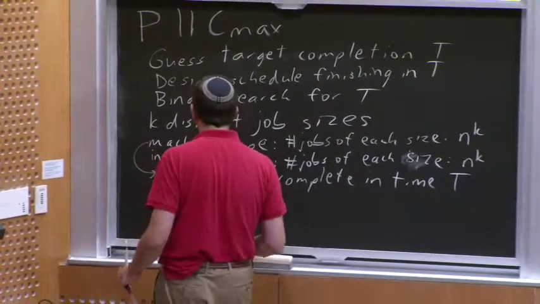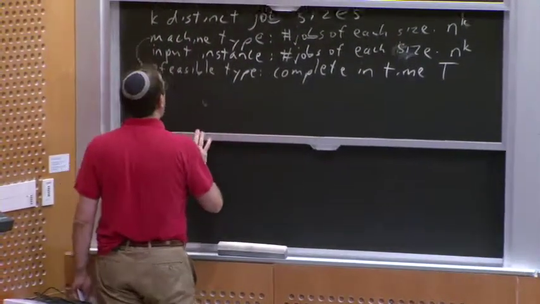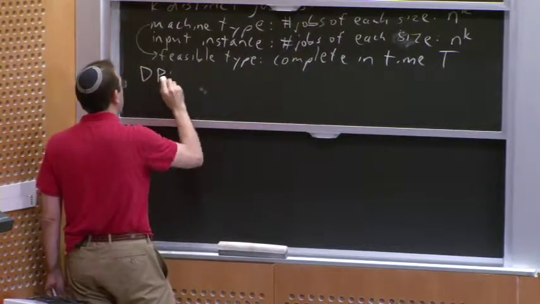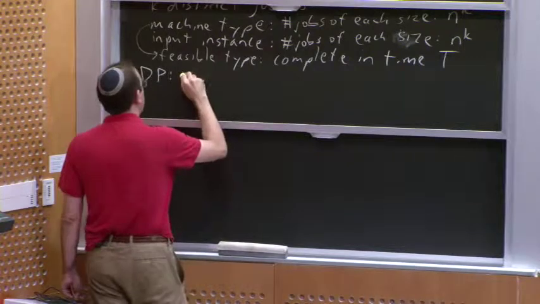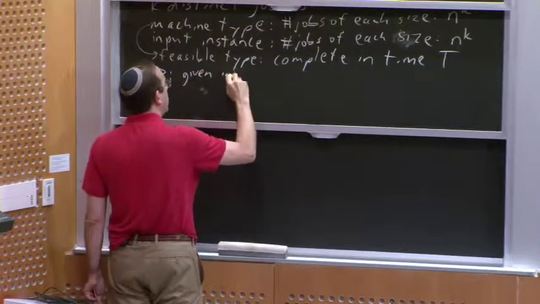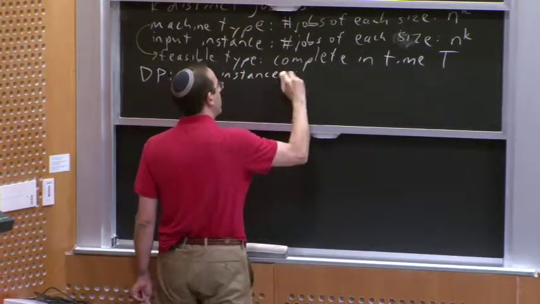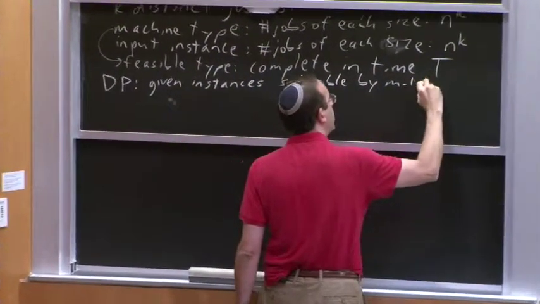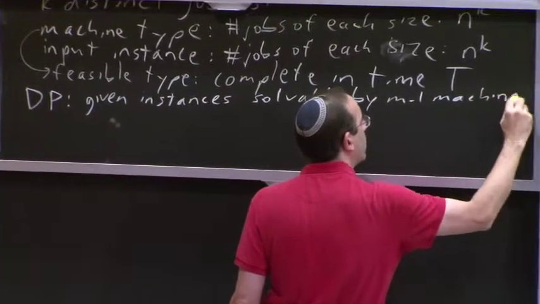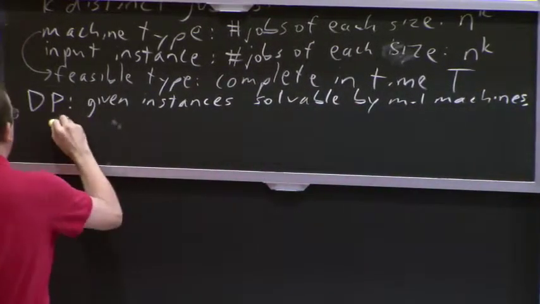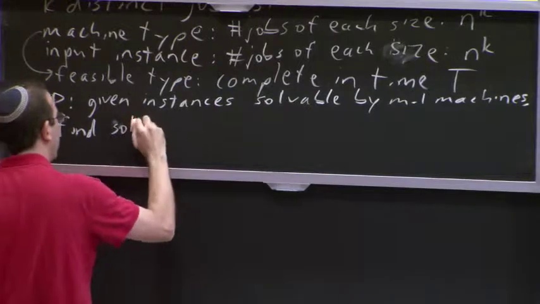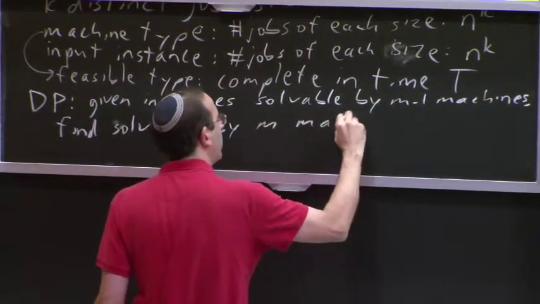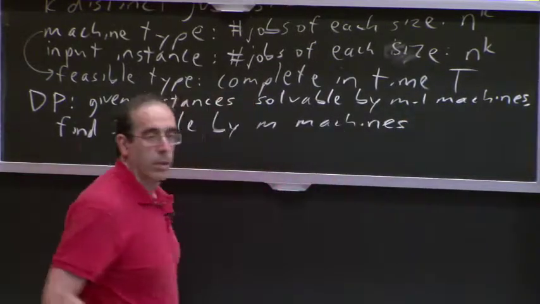And so we discussed last time how we can create a dynamic program, right? Given instances solvable by m-1 machines, we can find the instances solvable by m machines, right?